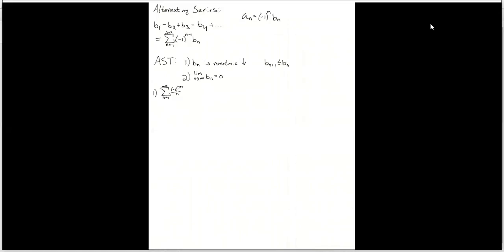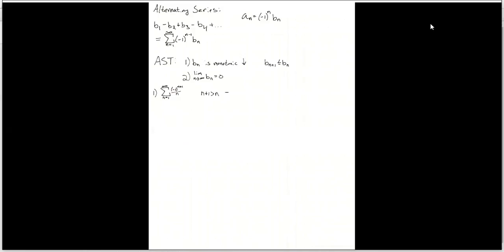So first off, alternating, right? We've got -1 to a power of n, right? So to determine if we're decreasing or not, we know that n plus 1 is always greater than n, right? Because n starts at 1, so we're always at positive n's.